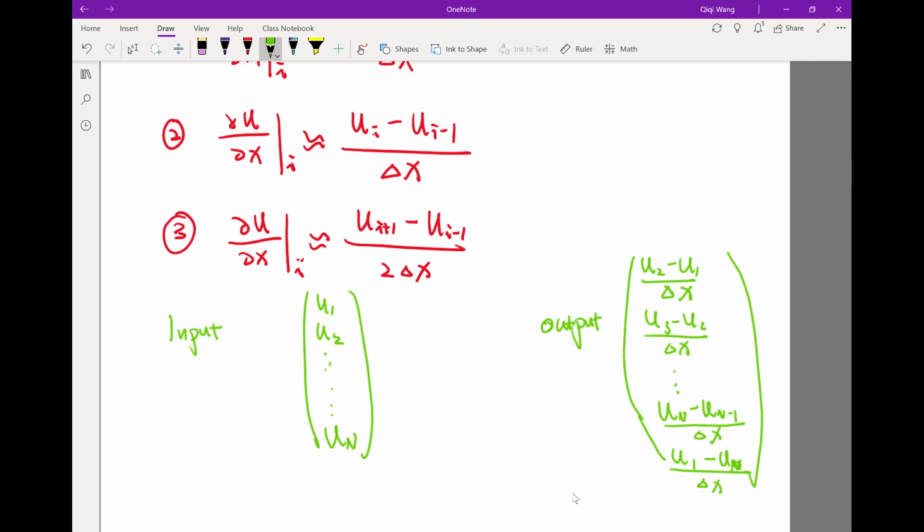So this is my input and output. And how do you tell if this relationship is linear or not? Two criteria, both of them very simple to check. The first criterion is if you just scale everything here by a factor of, let's say, 2, double every number here, is the output doubled exactly or not?